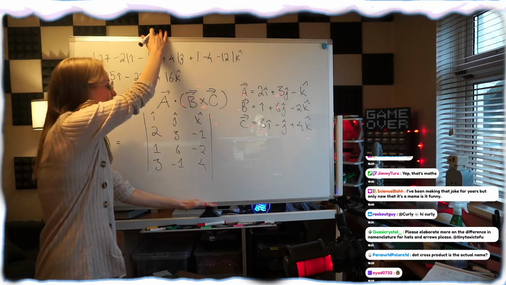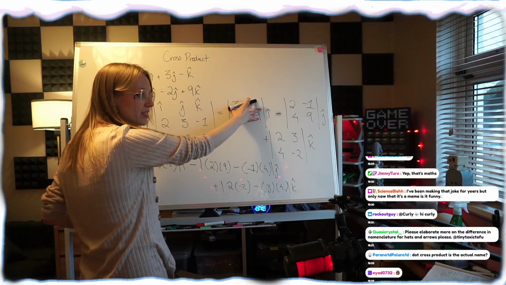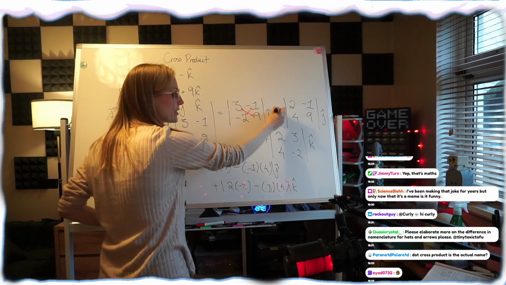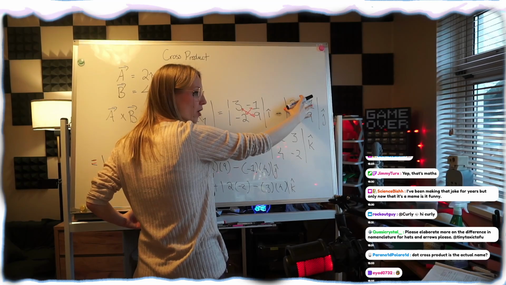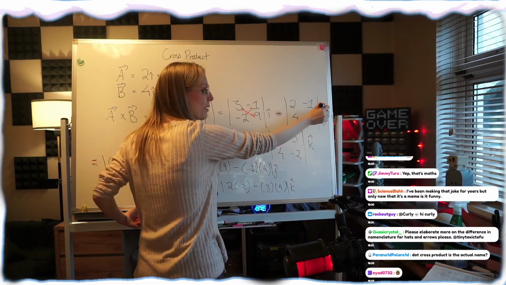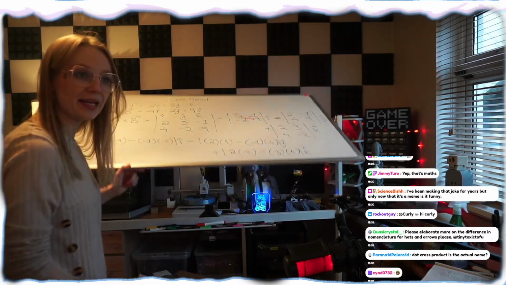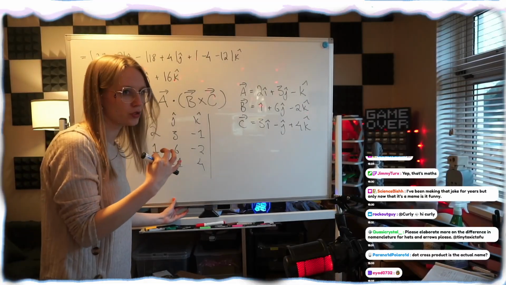Remember how we did the cross product? We're basically going to do this to B and C, and we're going to multiply it by A1. We're going to grab this one of B1, C1, B3, C3, do the same thing and multiply it by A2, and so on and so forth. We're basically combining those 2 things together.